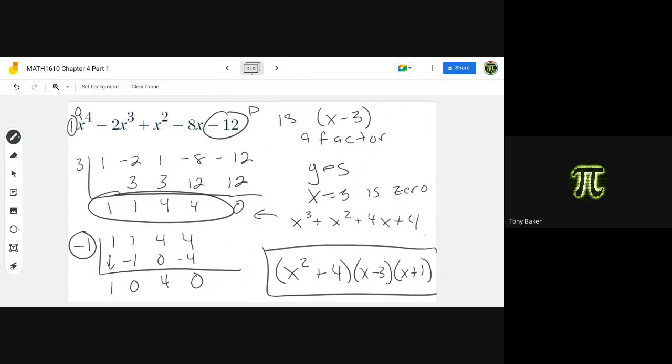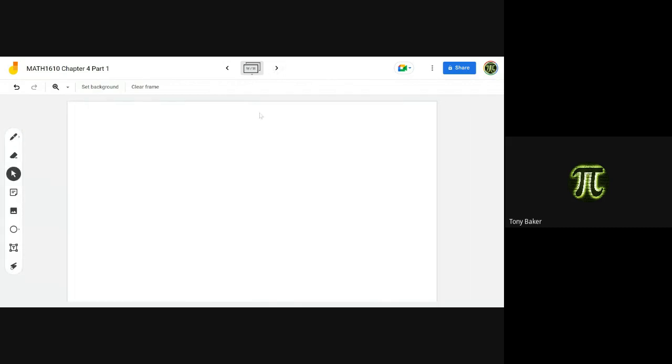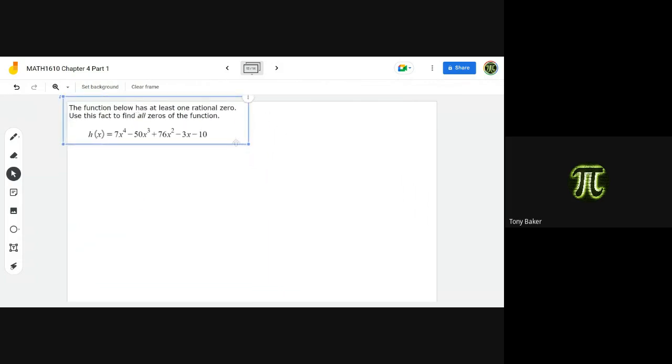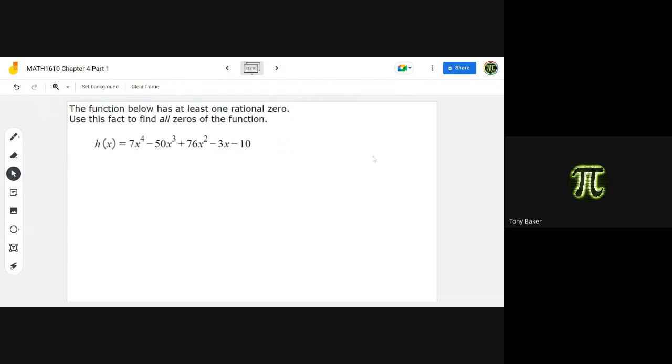Let's do this one real quick, and then we'll be done. All right, so the function below has at least one rational zero. Use this fact to find all zeros of the function.